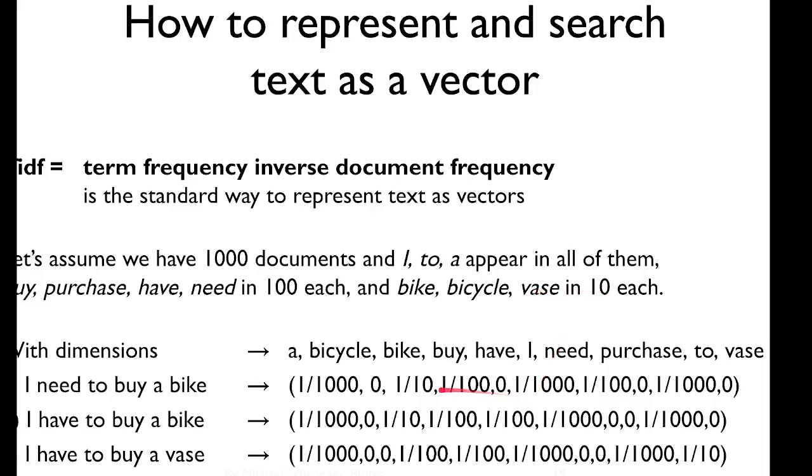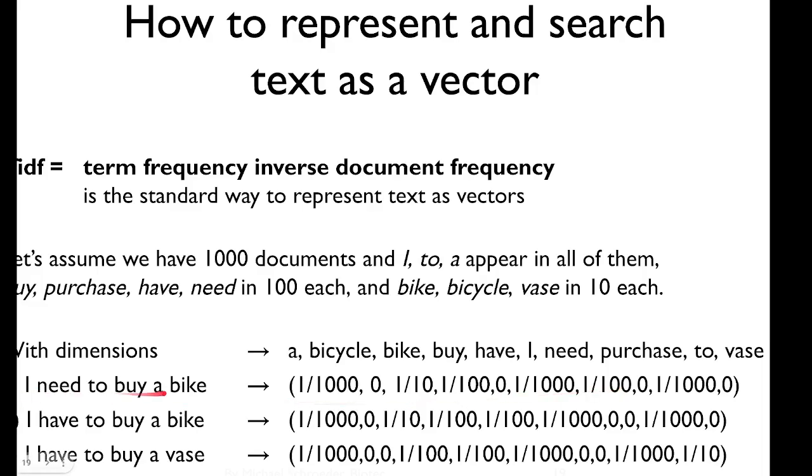And with that, we can now represent our vectors with a tf-idf score. And we have, for example, for I need to buy a bike, the a over here, 1/1,000, bicycle is not present, bike is present in the message, and it gets a score of 1/10.